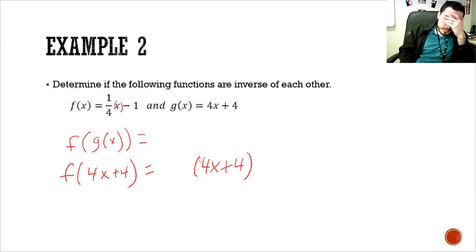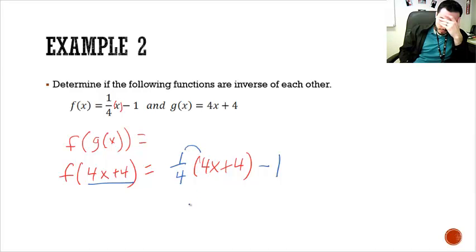And the rest of this I will do in blue again. So then there was the 1/4 that was in front of the x, and then there was the minus 1 that was after the x. So again, I've got f of 4x plus 4. I've replaced my x with 4x plus 4. Now I'm going to need to distribute and combine like terms.